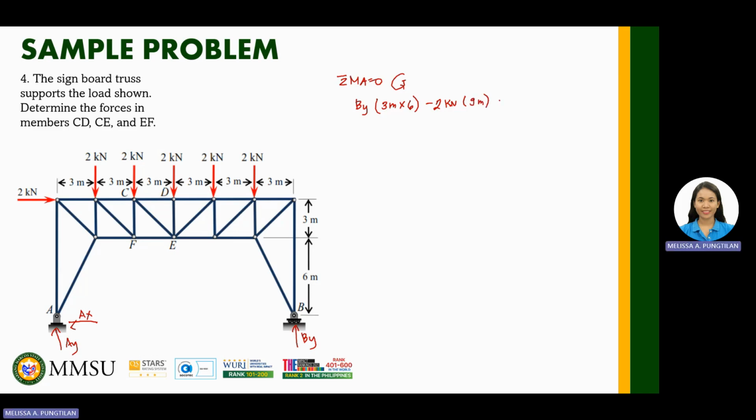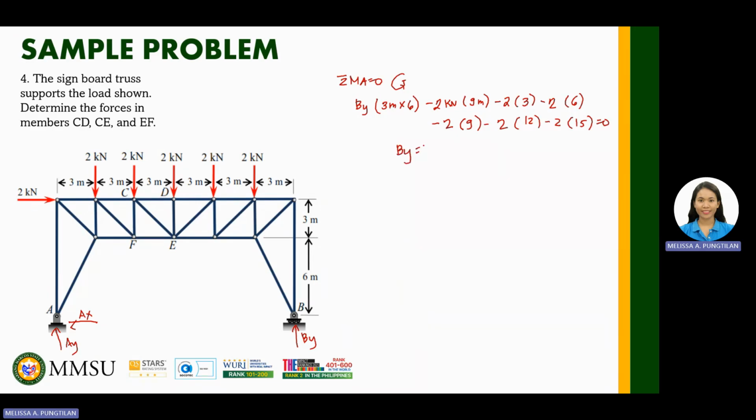Next, minus 2 kilonewton ulit, moment arm 3, minus 2 by 6, minus 2 by 9, minus 2 by 12, minus 2 by 15, ayan, is equal to 0.